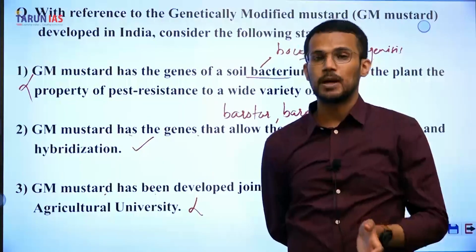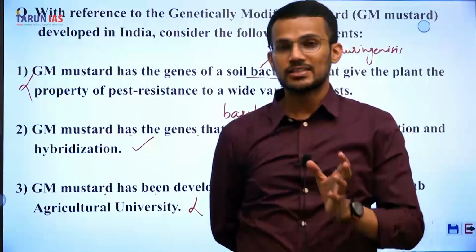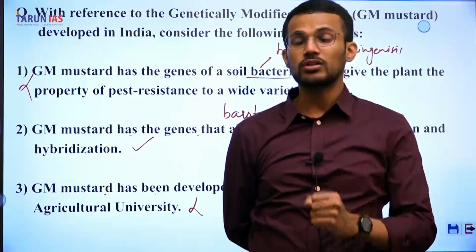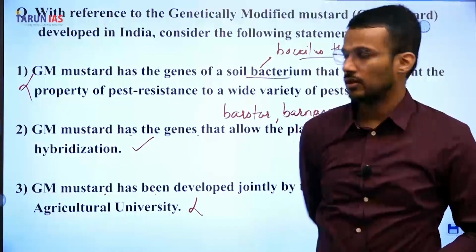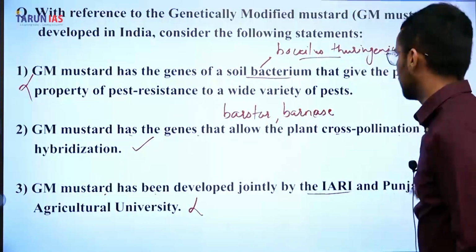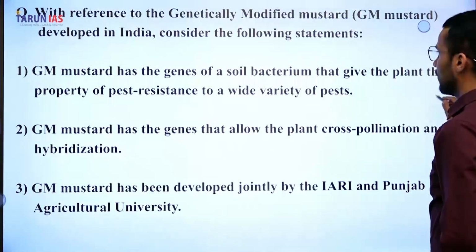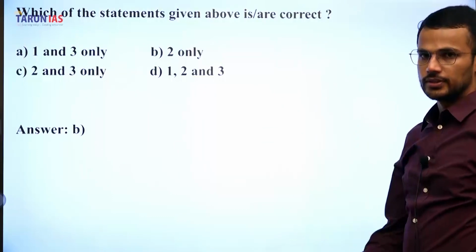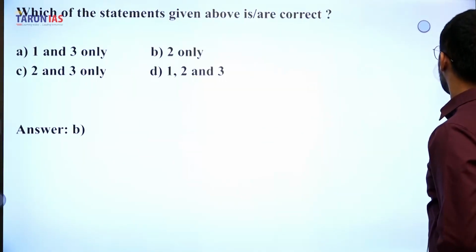Punjab University participated in the testing of GM mustard, but they did not develop it as such, and hence the third statement is also incorrect. That's why the answer of this question is B, 2 only. Right? Next question now.